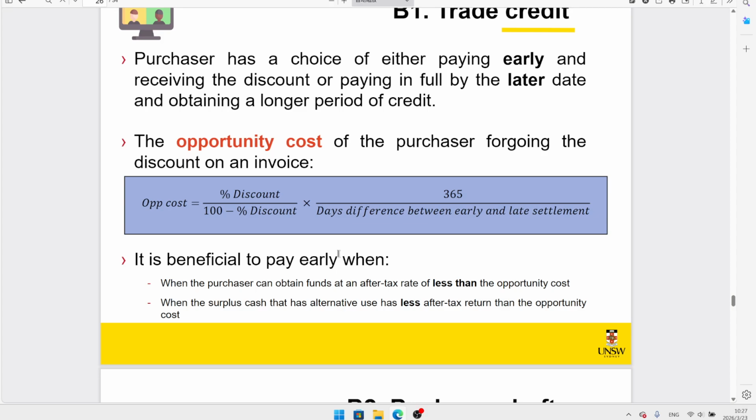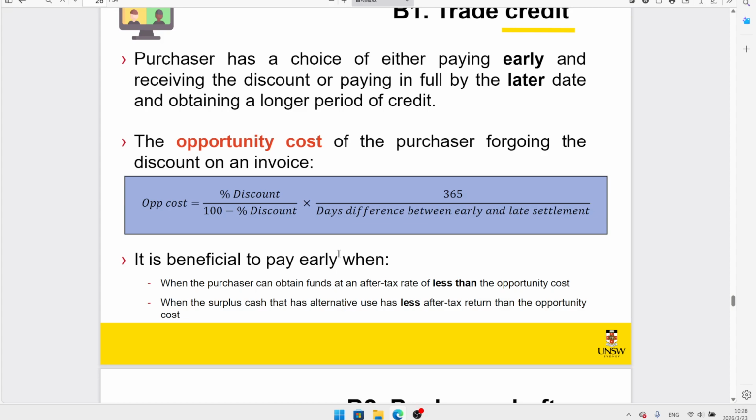The opportunity cost to the purchaser is foregoing the discount on the invoice. Opportunity cost is the discount rate divided by 100 minus the percentage of discount, times 365 divided by the days difference between early and late settlements.